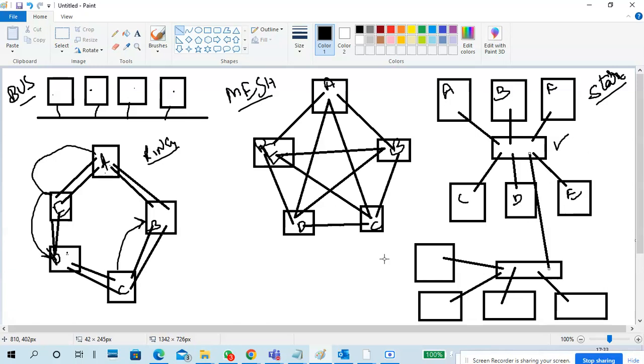If the centralized device is down, the entire communication stops working. It is easy to troubleshoot because we can easily identify whether it is a virus problem, a device problem, or a centralized device problem like a switch or hub problem. And it is scalable. We are all using star topology.